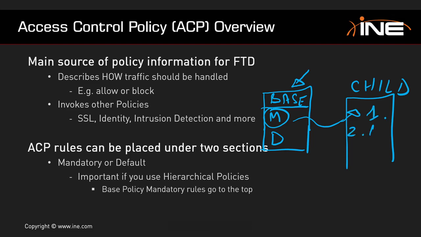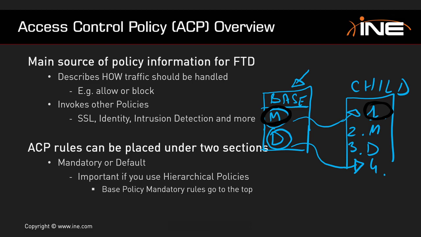Then it's going to be mandatory rules of the child policy that is going to follow. Next is going to be the default rules of the child policy, and the policy will be finally finished. It will end with the default rules of the base policy. So as you can see, the mandatory rules of the base policy will always take precedence over everything else in the child policy, just based on the fact that they are put on top of it.